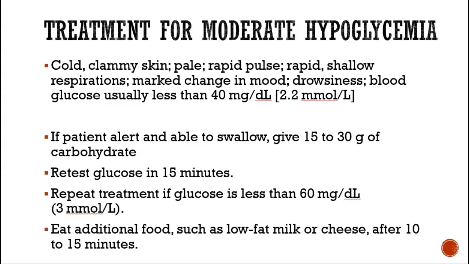So you would probably need to give 2 cups of juice for that. And then again, retest that glucose in 15 minutes. We're going to repeat the treatment if the glucose is less than 60. And then we want them to eat additional food, such as low-fat milk or cheese, after 10 to 15 minutes.